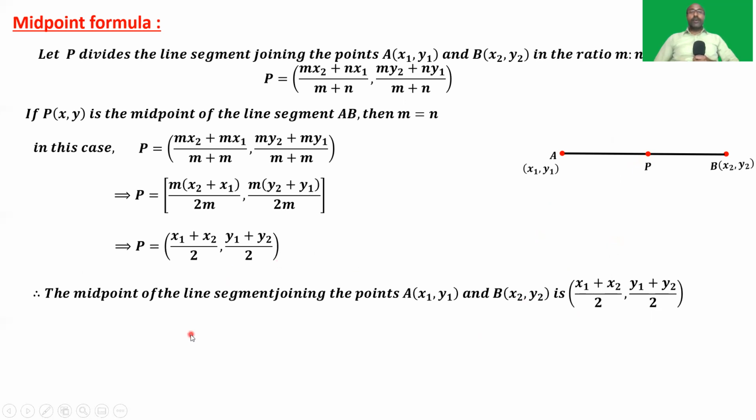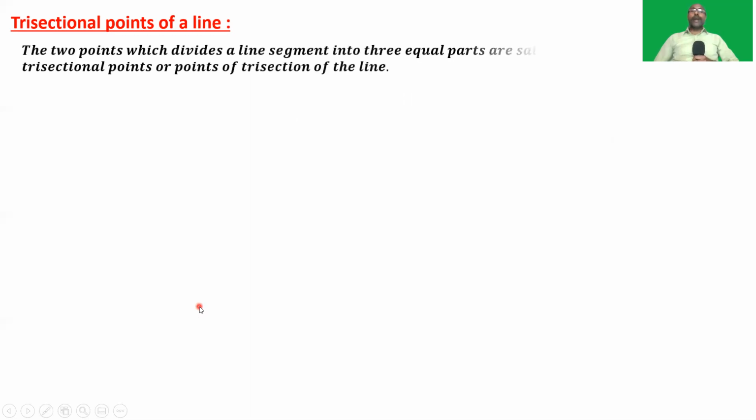Now let us see what are trisectional points. So trisectional points of a line. The two points which divide a line segment into three equal parts are said to be trisectional points or points of trisection of that line. Like this, if AB is a line segment and P and Q are the points which divide AB in three equal parts.